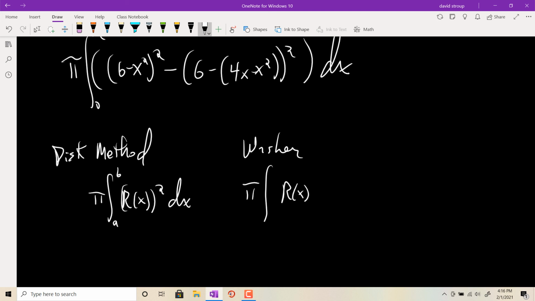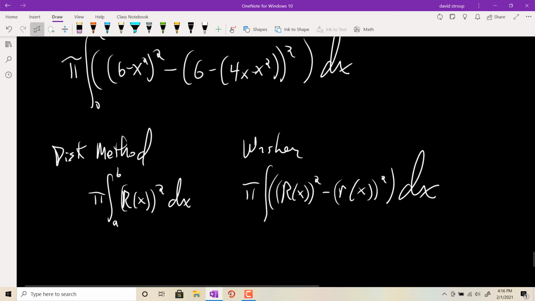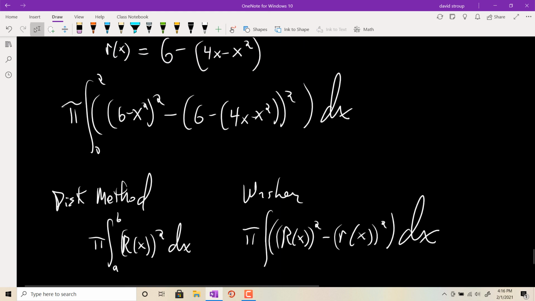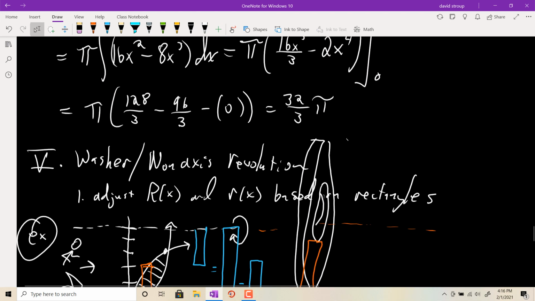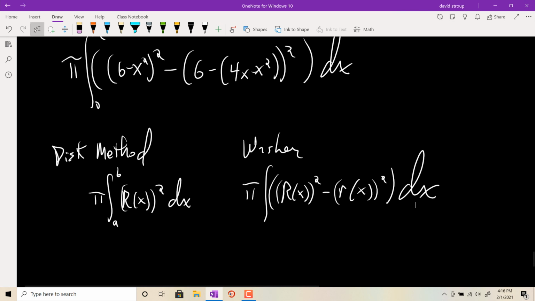So you have the bigger radius, and you're figuring out that volume, and then you're subtracting away the sort of donut hole radius volume. Okay. And then that's one big volume. So those are the two formulas, and then of course you need the y orientations, but hopefully that will get you through the problems and the homework.